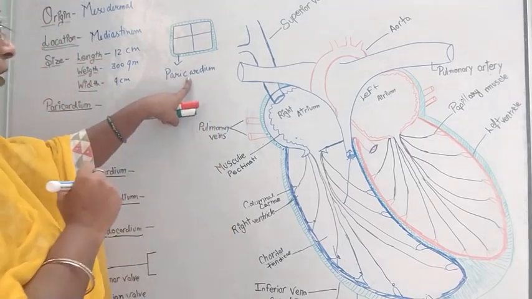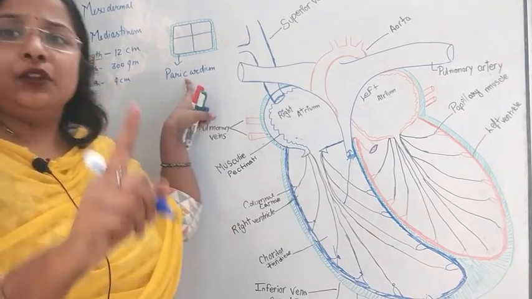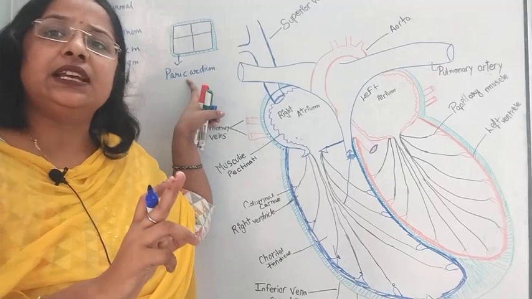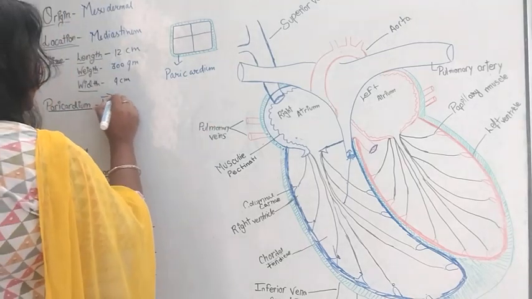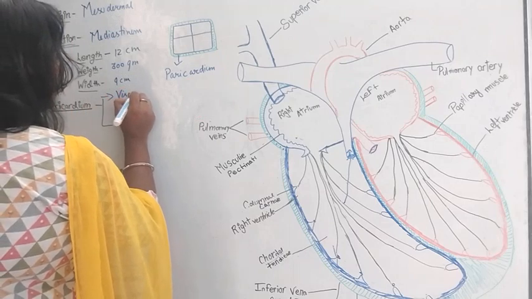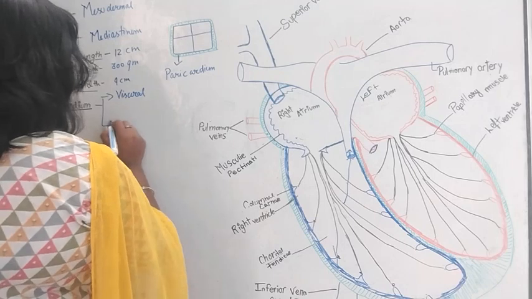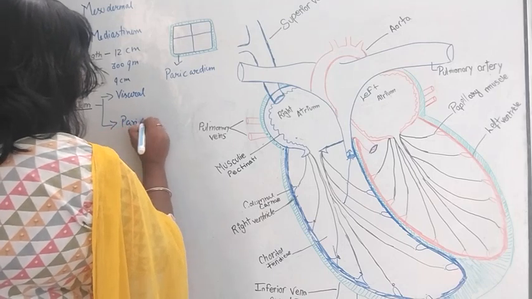Now, this pericardium does not consist of a single layer. It is divided into two parts: visceral pericardium and parietal pericardium.